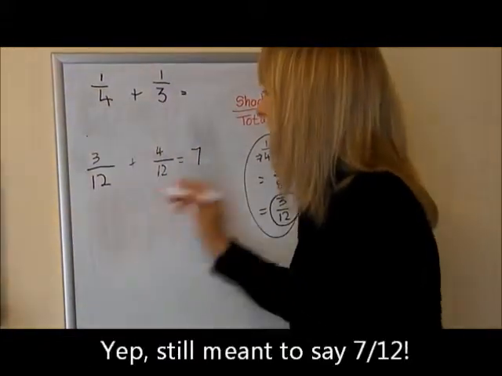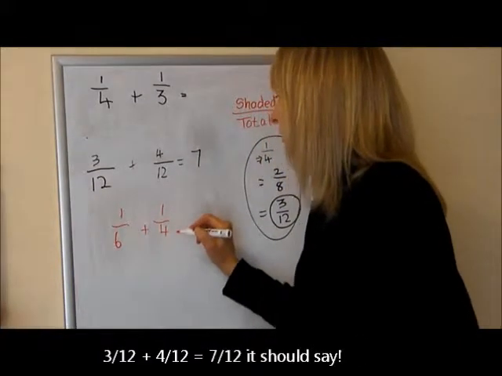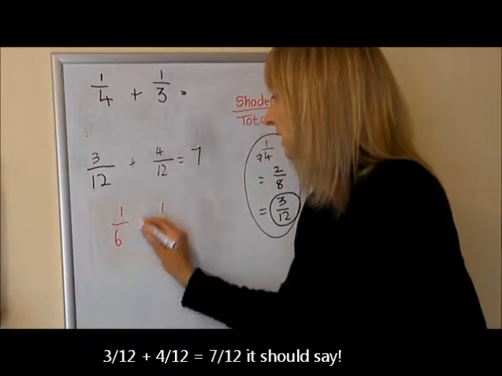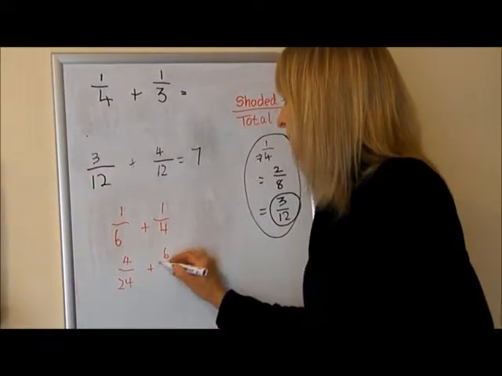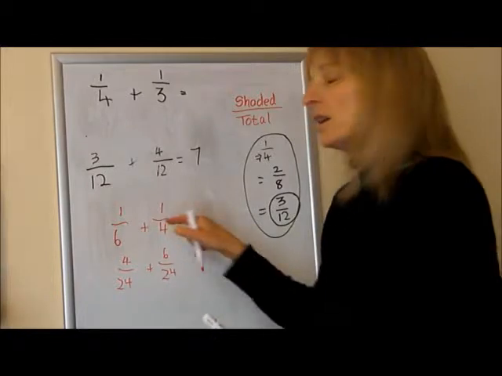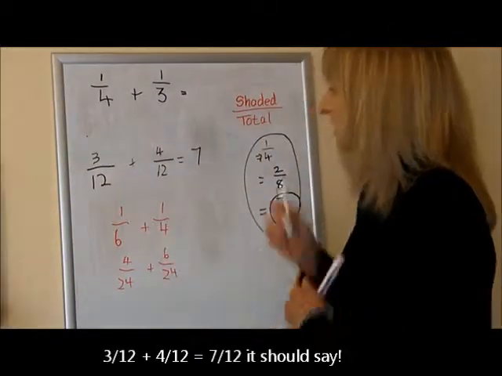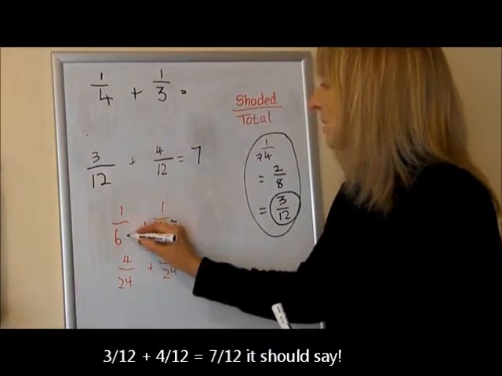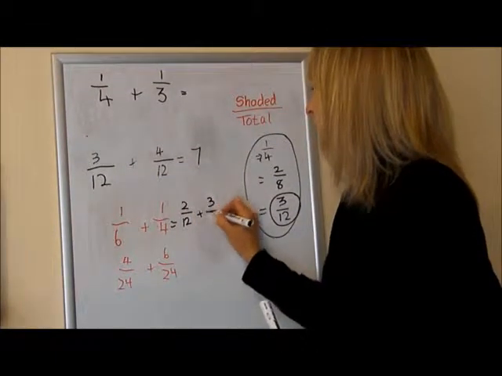You will notice as you get going that you might find a lower common denominator, so were you to have something like 1/6 plus 1/4, you might multiply it by 4 and get 4/24 plus 6/24. But equally, you might see that 6 and 4 both go into 12, so you may be able to actually skip a step and say that's the same as 2/12 plus 3/12.